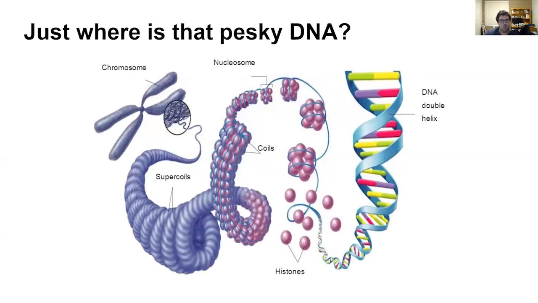So when we think about where DNA is, a lot of people turn around and say, oh, it's in the nucleus of the cell, but there is more to it. Our DNA is a fairly lengthy molecule. It's actually significantly long.